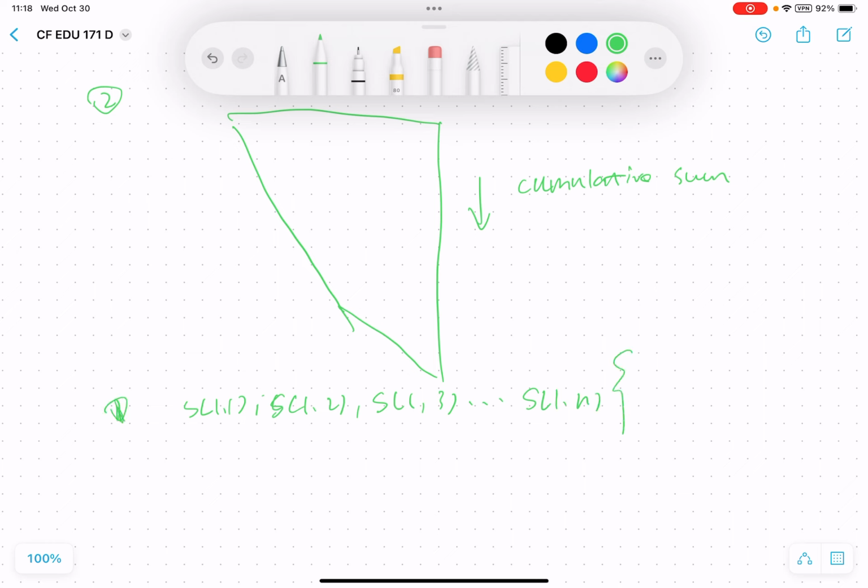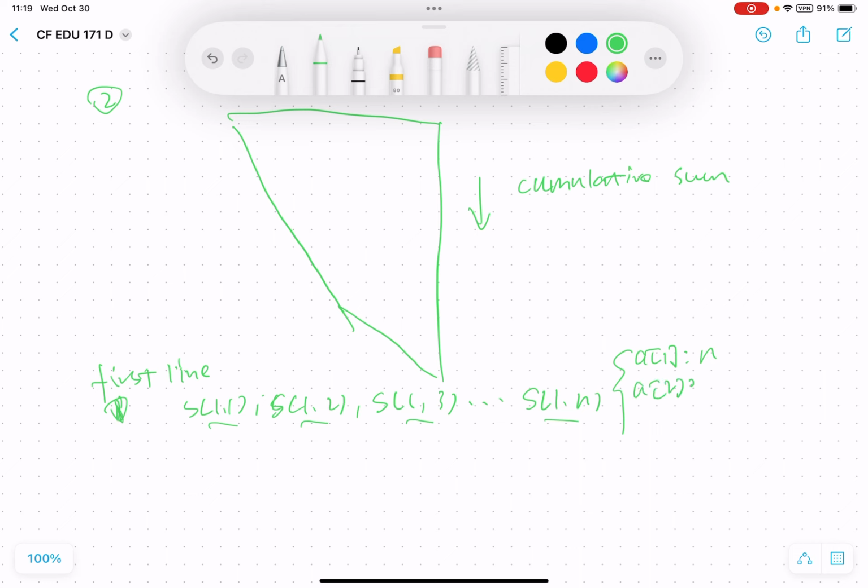This is the first line. For the A1 element, we use it n times, since there is A1 in every element of the first line. That means the sum of the first line includes A1 multiplied by n.